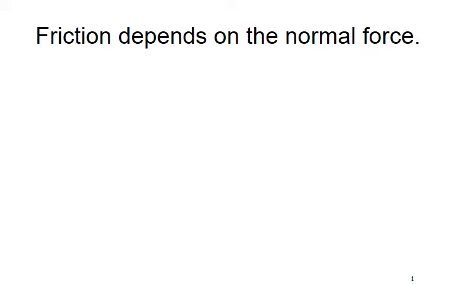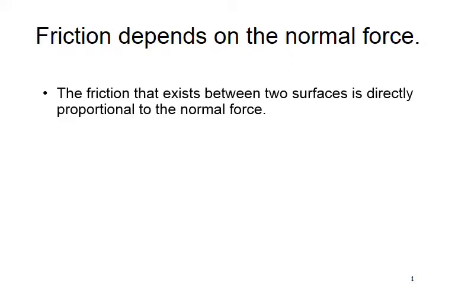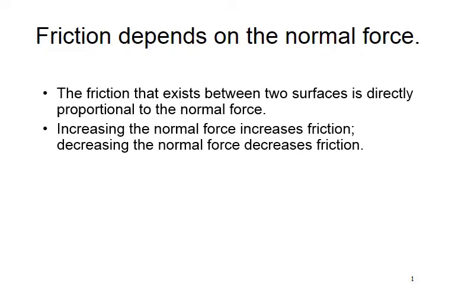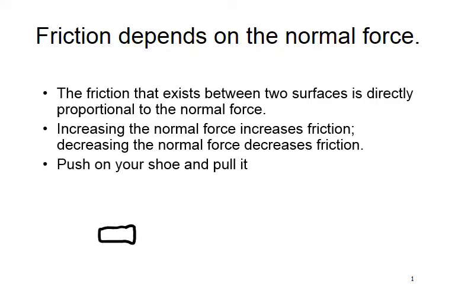Okay, so one of the factors that affects friction is how much normal force you have. And it's actually directly proportional. The friction is directly proportional to how much normal force there is. An increase in the normal force increases the amount of friction. Decrease in the normal force will decrease the amount of friction. And so an example would be if you took a shoe and you were pulling it, let's say this way, there's friction back this way.